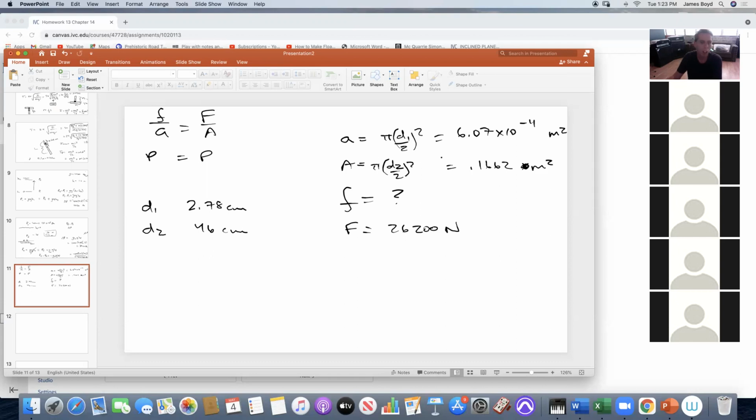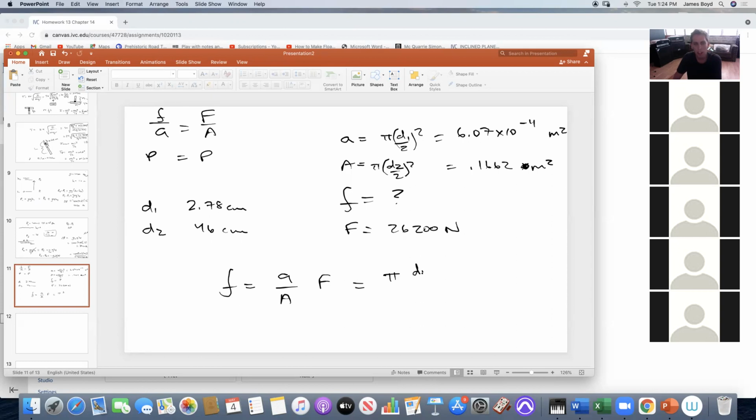meters squared. Very small. Now we want to find F. So F is simply little a over big A times big F. You could do this a couple ways. Now that you have these, you could just stick them in. Or what you could do is you could put them in this way.